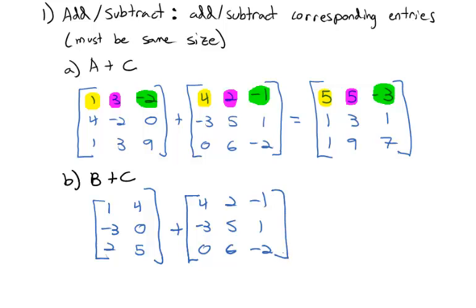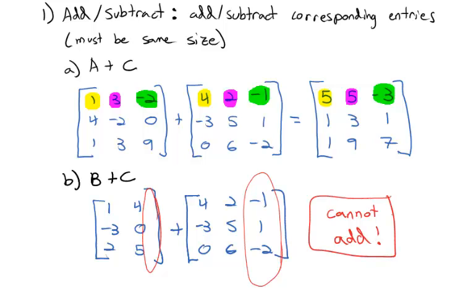But we have a problem here. Matrix C has a third column. Matrix B does not have a third column. These two matrices are different sizes, and so there is no solution. We can't add them. So very important, to add and subtract matrices, they have to be the same size.